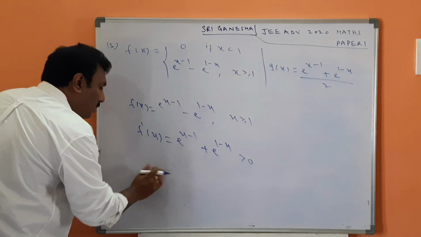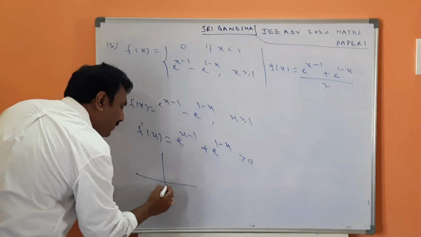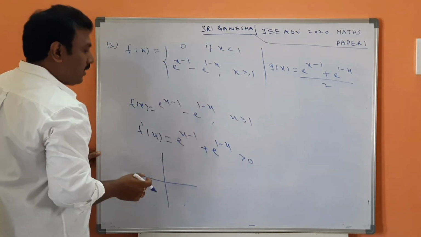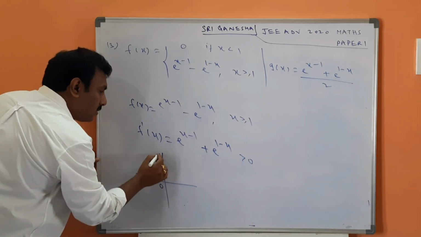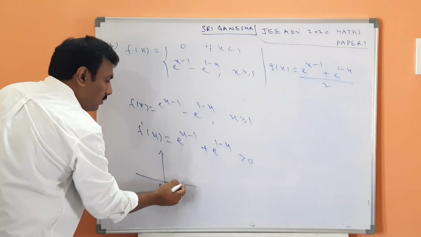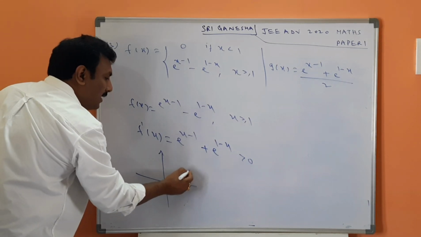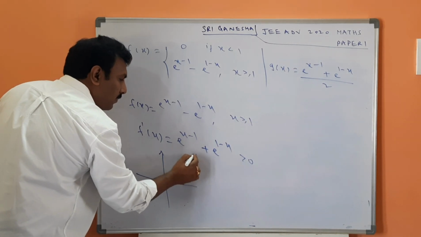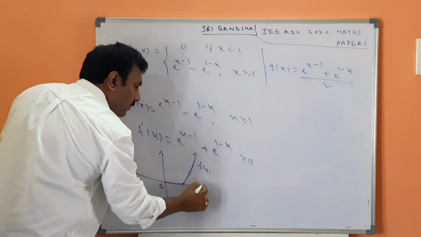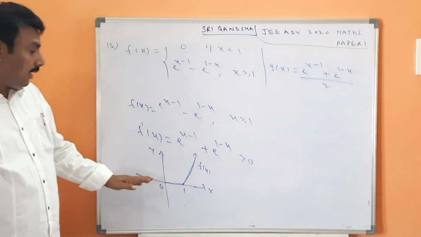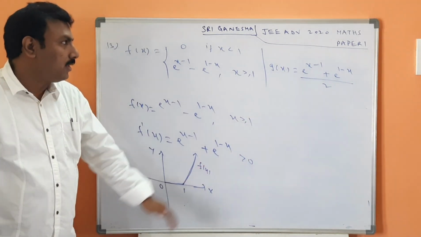So the graph can be drawn. We are having the first quadrant, let me take from 0 onwards. So 0 to 1 is 0, from 1 onwards it is an increasing function. Okay, it is the graph of the function from 0 onwards.